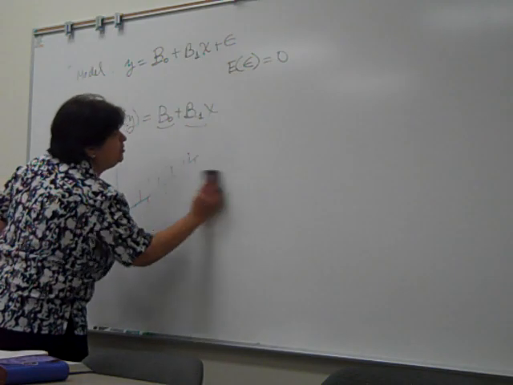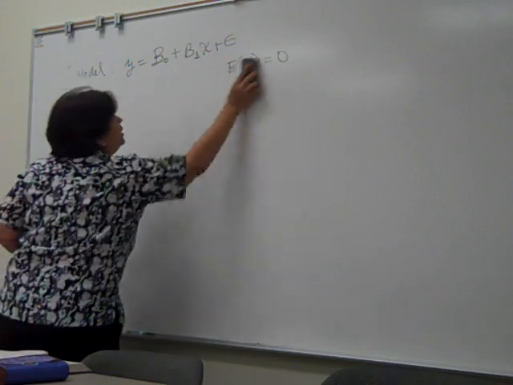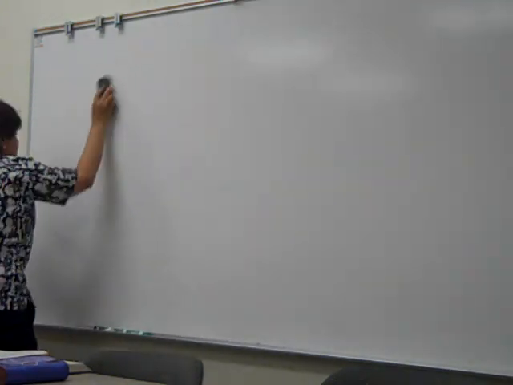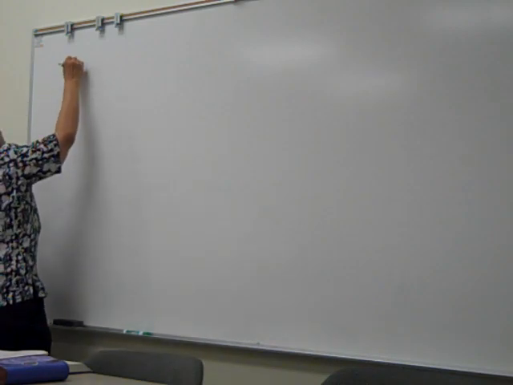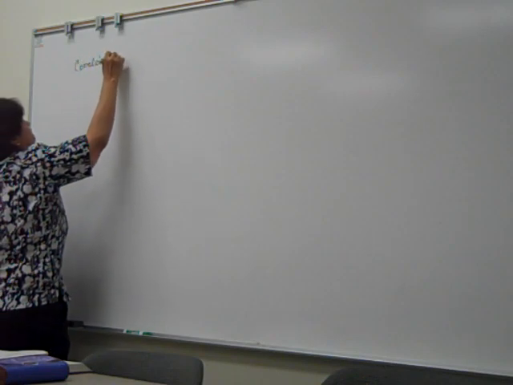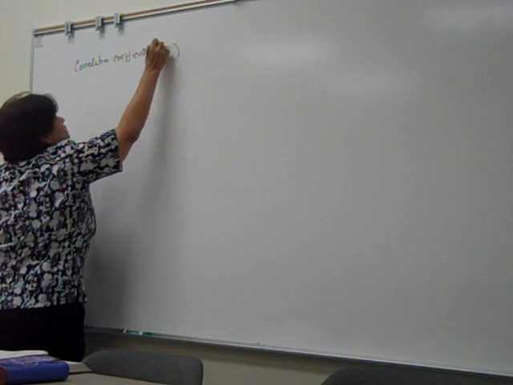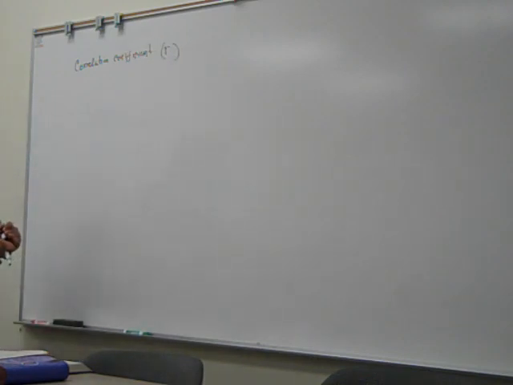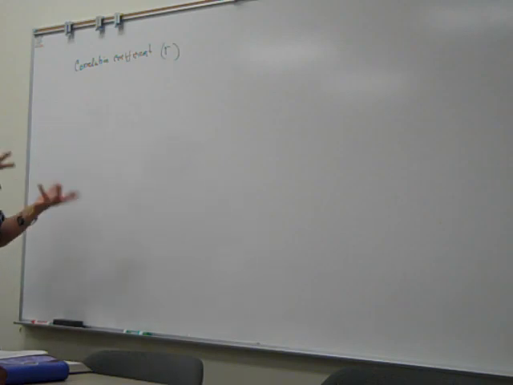We have two concepts here. The correlation coefficient, R. The correlation coefficient measures the strength and direction of the relationship between the two variables. Okay?